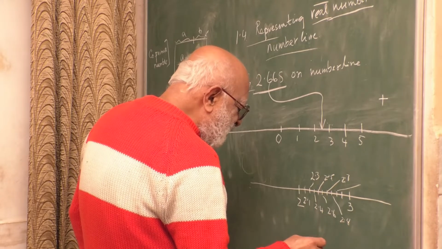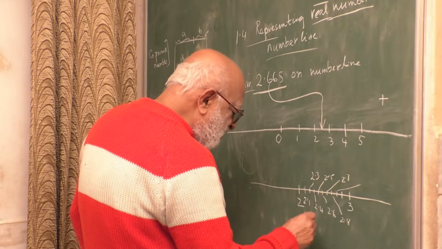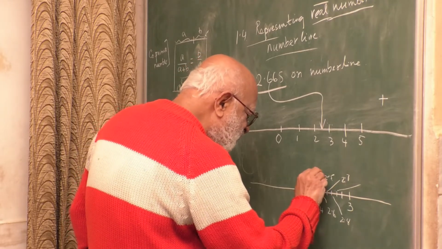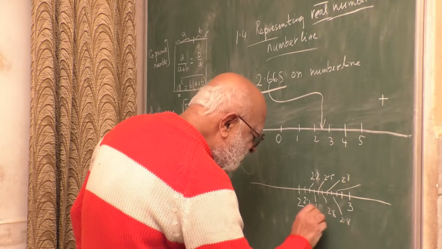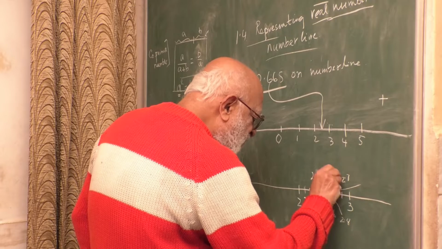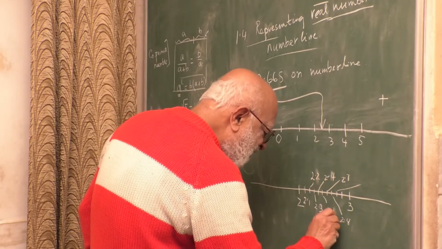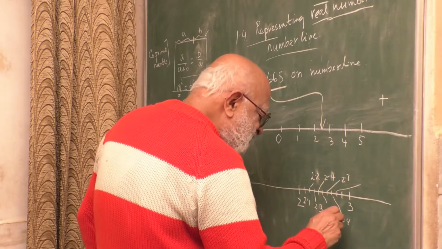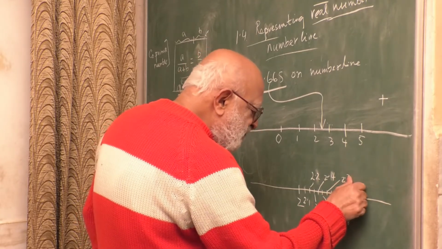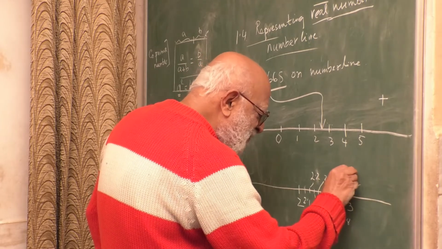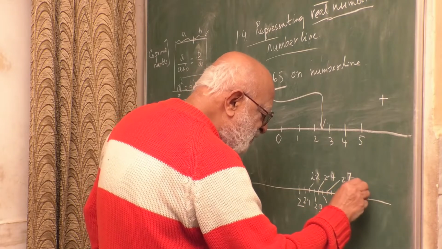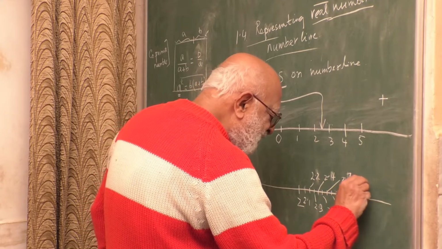Okay, I think I have divided more, no, 2.1, sorry, this is 2.2, that's what I am saying, how I moved one. So this one is 2.3, this one is 2.4, 2.5, 2.7, 2.8, so this is 2.9.